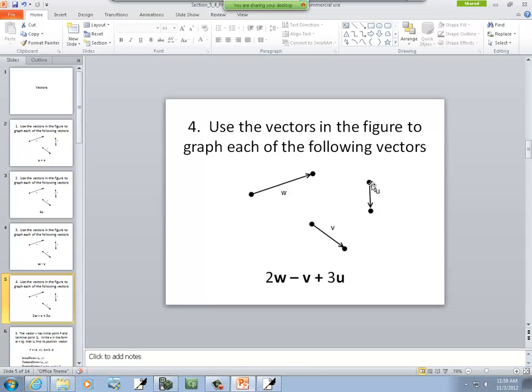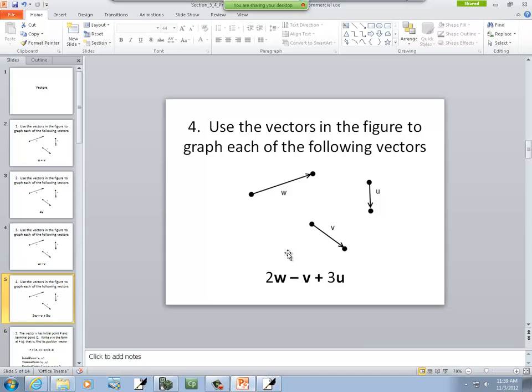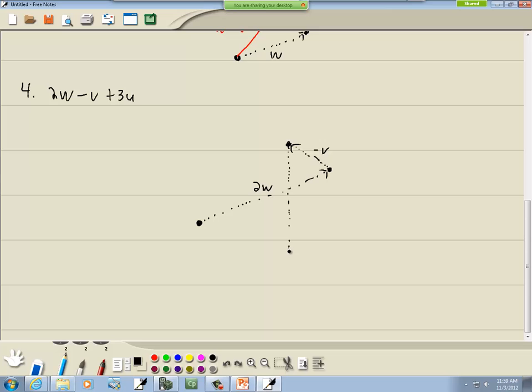3u. Well, u is going down. See, the arrow tells you which direction it's going. And I will go down, and I will go 3 times that distance. So there's like 1u, 2u, and maybe 3u. It's probably as close as I'm going to get. Okay. Now this was our initial point, and this is our terminal point.